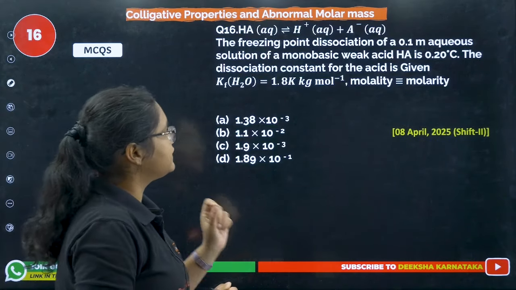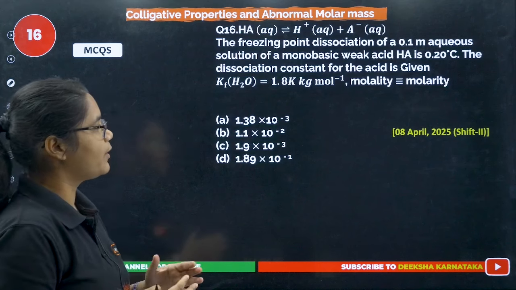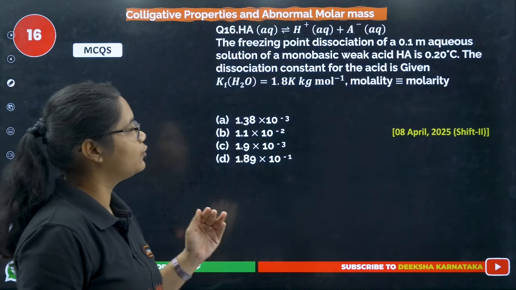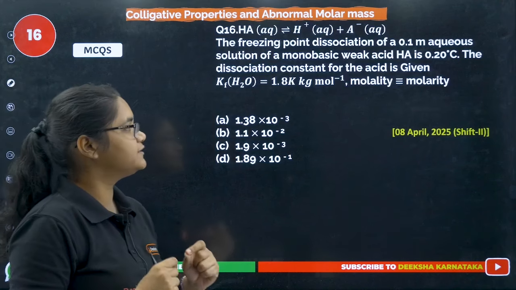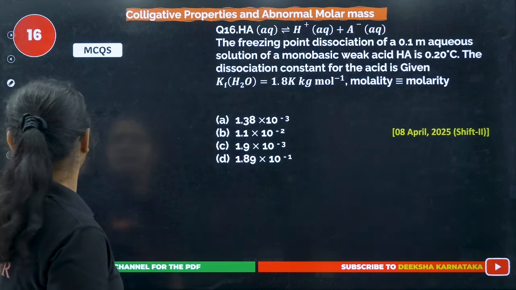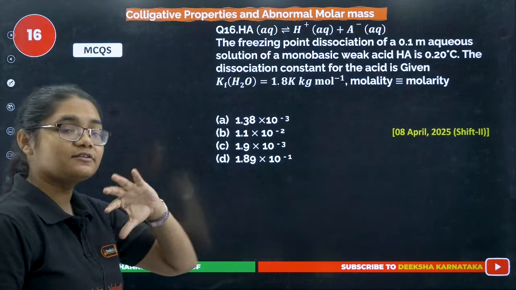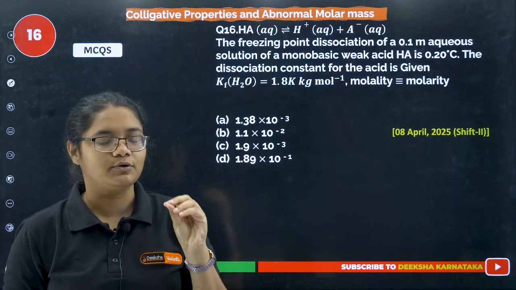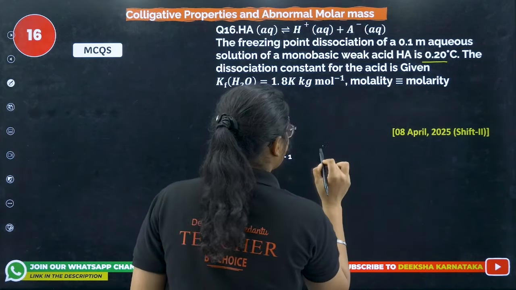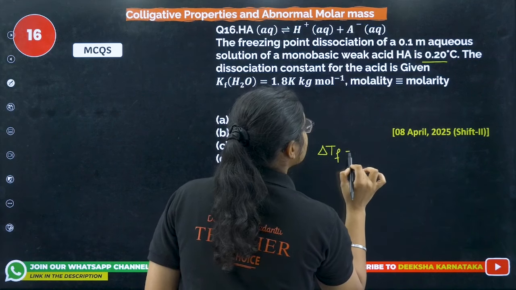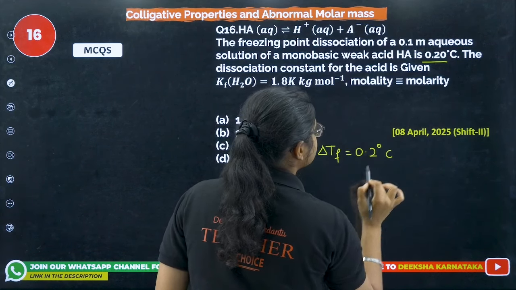16th one. The freezing point depression of a 0.1 m aqueous solution of monobasic weak acid HA is 0.2 degrees Celsius. Find the dissociation constant of the acid. This is a very good question and it has the formula from the equilibrium chapter also involved here. First of all, we have delta TF, which is 0.2 degree Celsius.